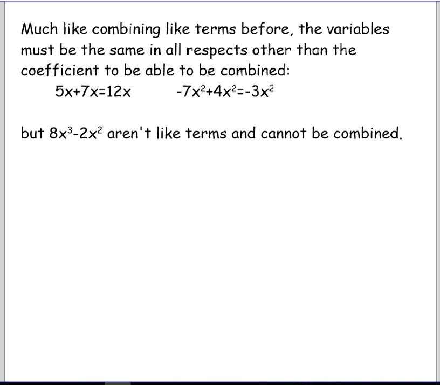The x's match, the squares match, and so we can do negative 7 plus 4 to get negative 3 for our coefficient. So we have negative 3x squared as an answer. But if you notice in the next example, 8x cubed minus 2x squared, they have different exponents. One has a 3, one has a 2, so they are not like terms, and therefore they cannot be combined.